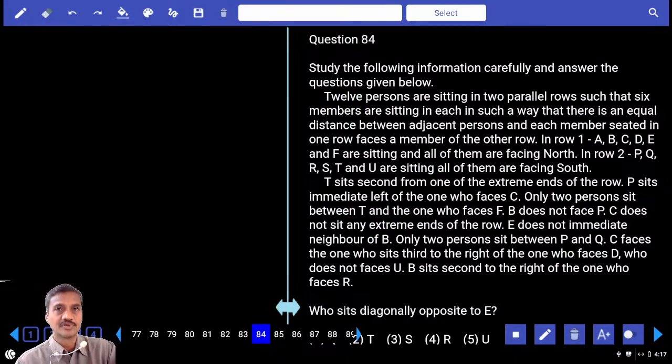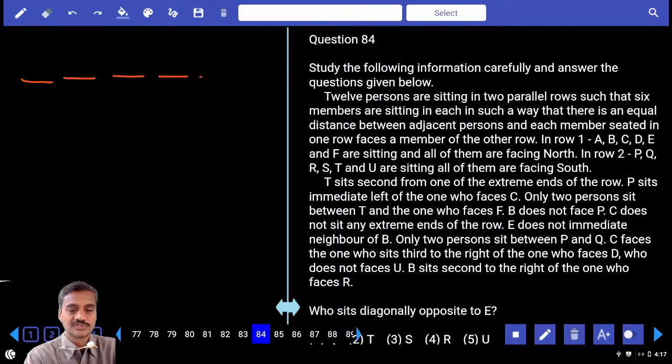The next one, 84 onwards, is based on 84 to 88. Now 12 persons were there in 2 parallel rows. Definitely this comes under the first priority among the puzzles. 6 persons in one row and 6 persons in the other row.